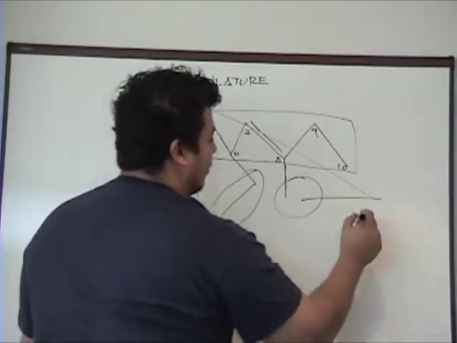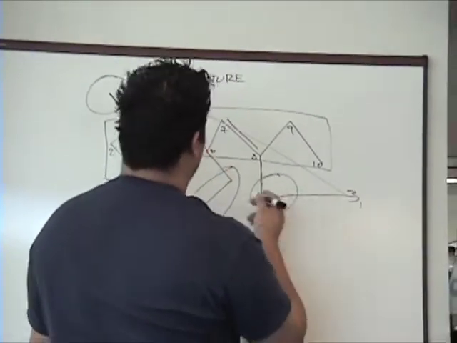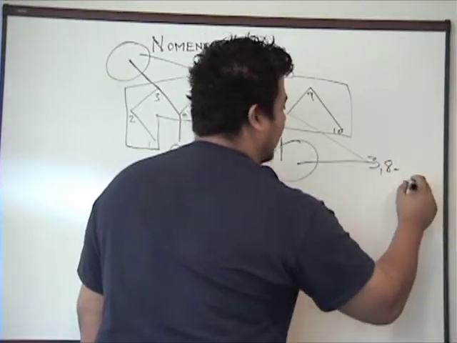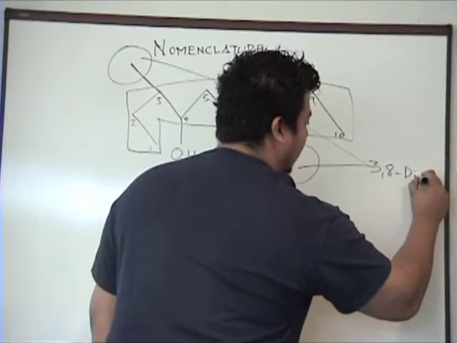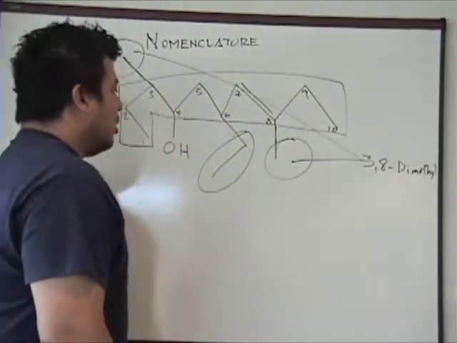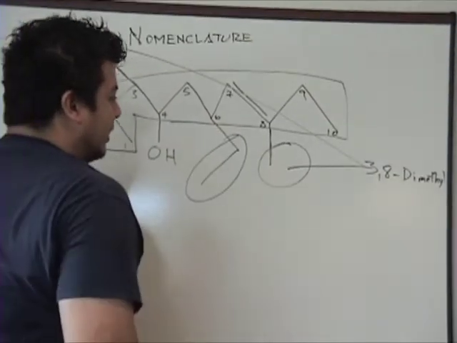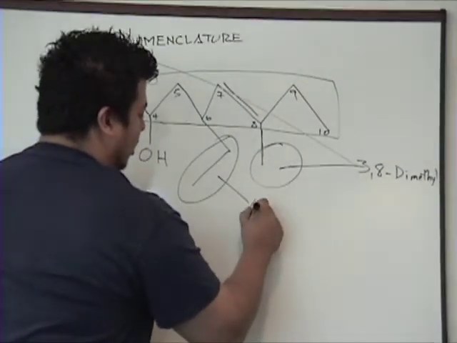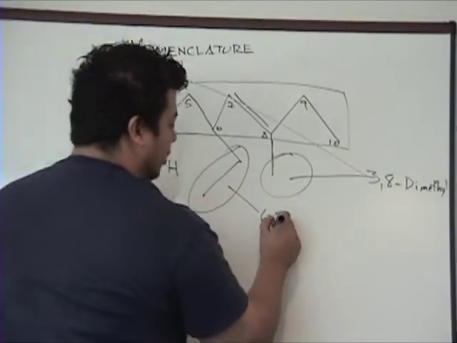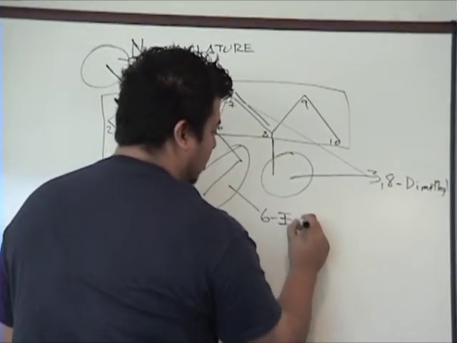It's going to be 3, 8 dimethyl. And then I have in 6 an ethyl. There's a carbon here and a carbon here. So 6 ethyl.